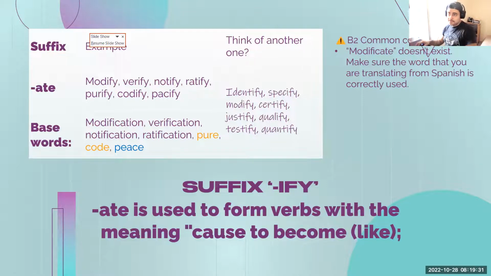A lot of words. And of course, as you are saying, some of them will be new, others are going to be completely known for you.